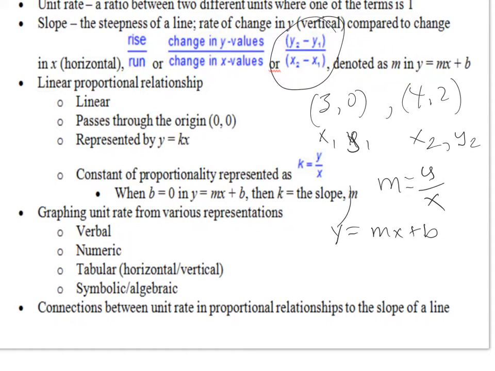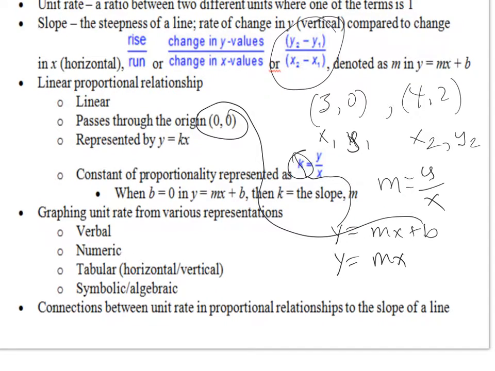So if you notice here, my k and my m serve the same purpose. The only difference is b. If it runs through the origin, b is 0. So we can say that y is equal to m times x because b is 0, no value, and that's the same thing as y is equal to kx.